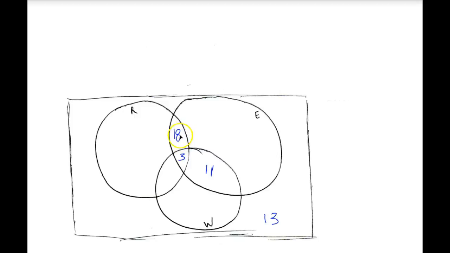So we know what goes in that spot. Moving on to R intersection W, it's in this particular area here, which is the Venn diagram representation of that set. And we see that we have 8 people there. Since 3 are already there, 8 minus 3 is 5.